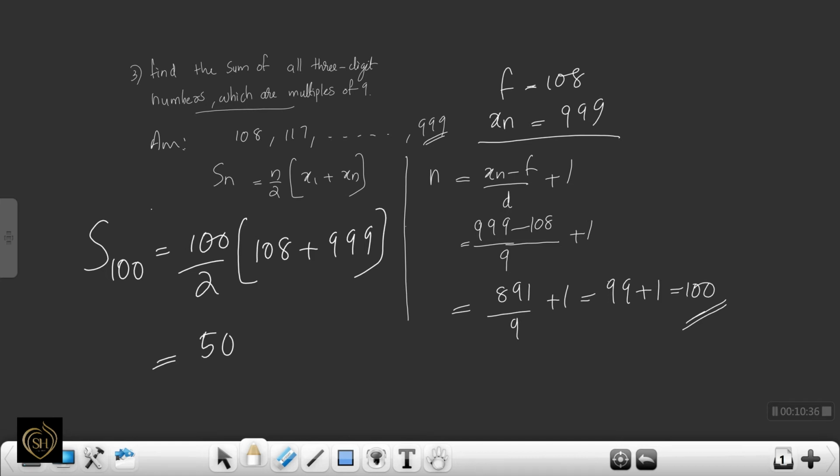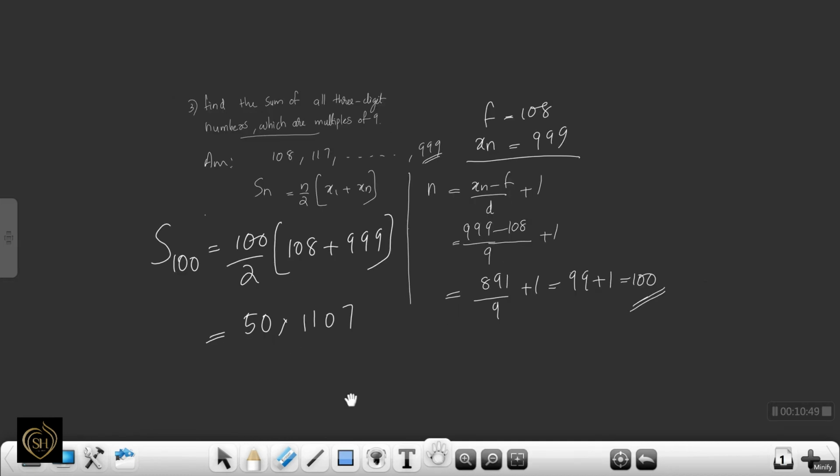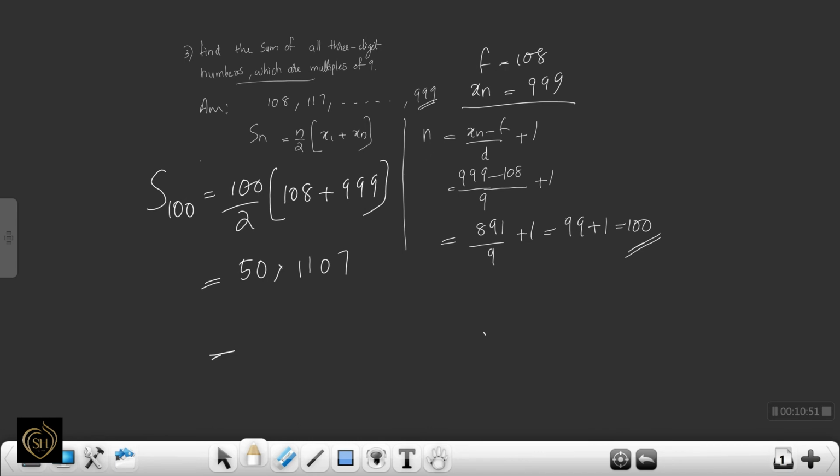This is equal to 50 into 1107, which is equal to 55,350. This is the sum of all 3-digit numbers which are the multiples of 9.